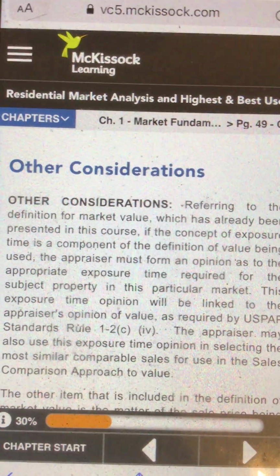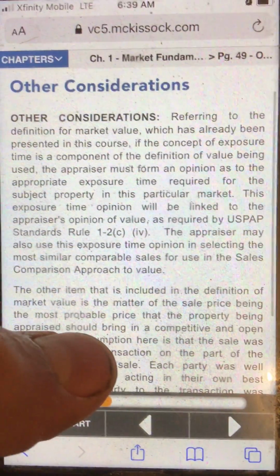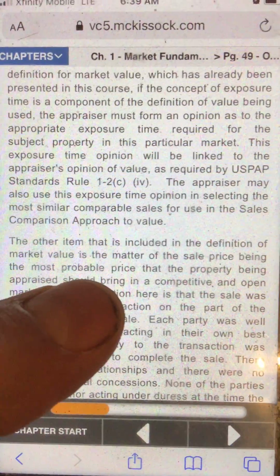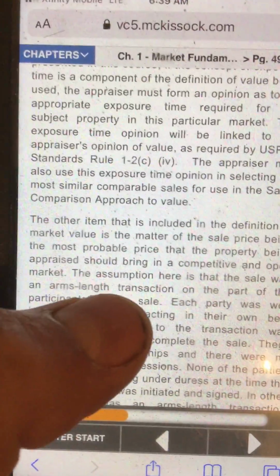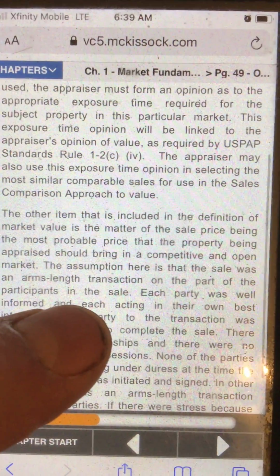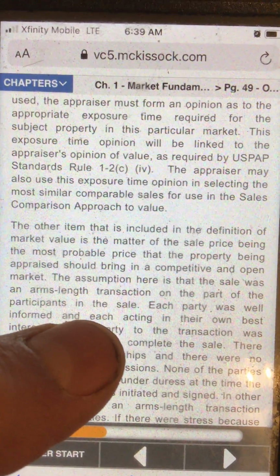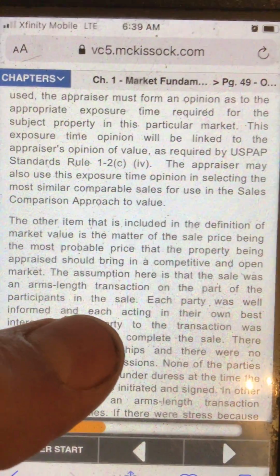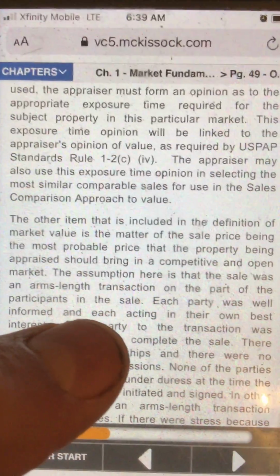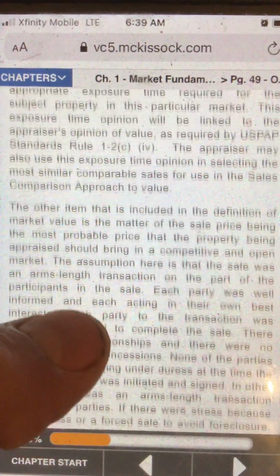Referring to the definition for market value, which has already been presented in this course, if the concept of exposure time is a component of the definition of value being used, the appraiser must form an opinion as to the appropriate exposure time required for the subject property in this particular market.